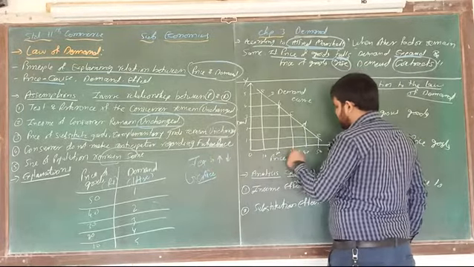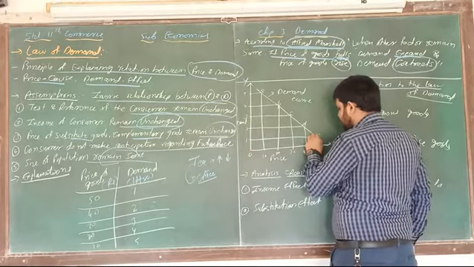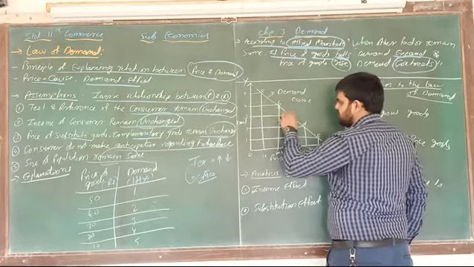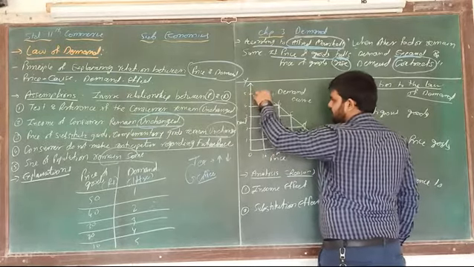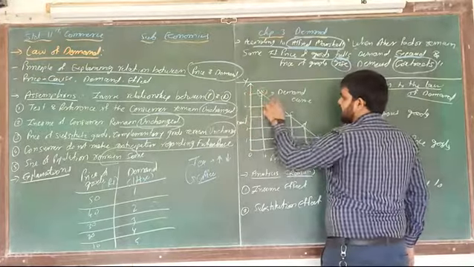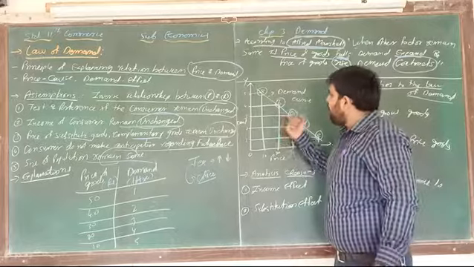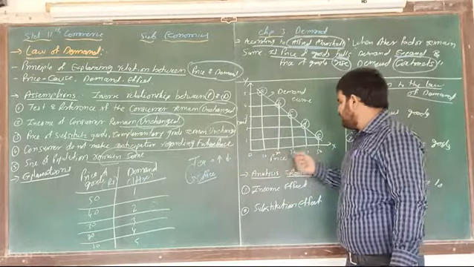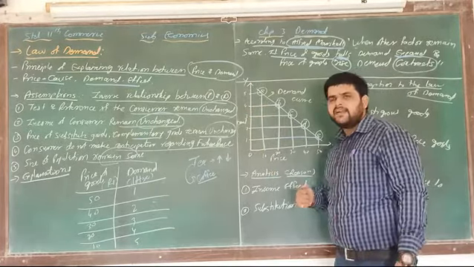For 50 it is 1. So for price 50, demand is 1. So this is the line. Then for 40 it is 2, 30 is 3, 20 is 4 and the fifth, that is 10, is 5. Here we can name the points A, B, C, D and E. After the diagram, we have to write the explanation: on the x-axis we take price, on the y-axis we take demand.